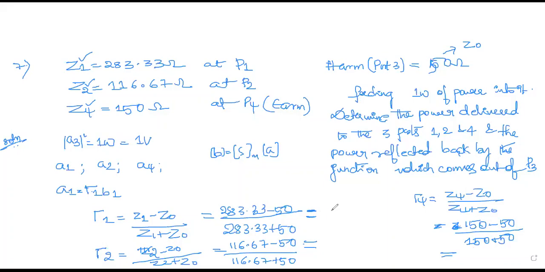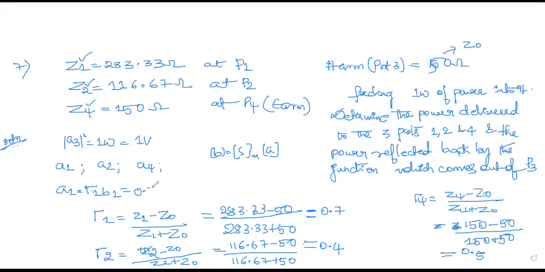What is the value of gamma 1? 0.699. Yeah, you can take it as 0.7. Gamma 2: 0.4001, 0.49. Okay, you can take 0.4. Gamma 4: 0.5. Okay, 0.5. Now write the equations of A1, A2, A4.